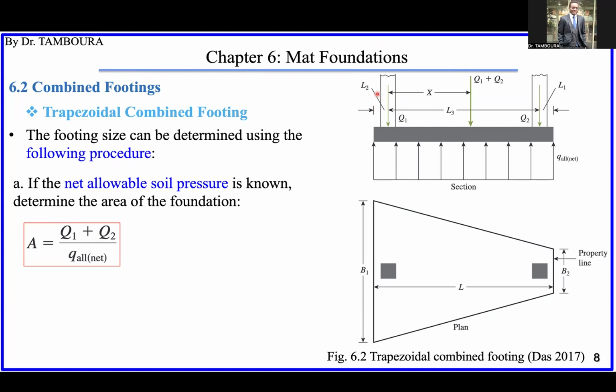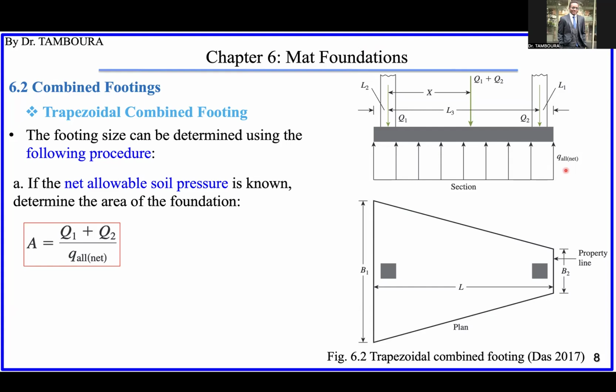So you know Q1 and Q2, which can be obtained from the structural engineering part. You obtain the load coming on your foundation. And the pressure of the ground, the allowable net pressure, this ALL means allowable. It means you use some safety factor to reduce it.